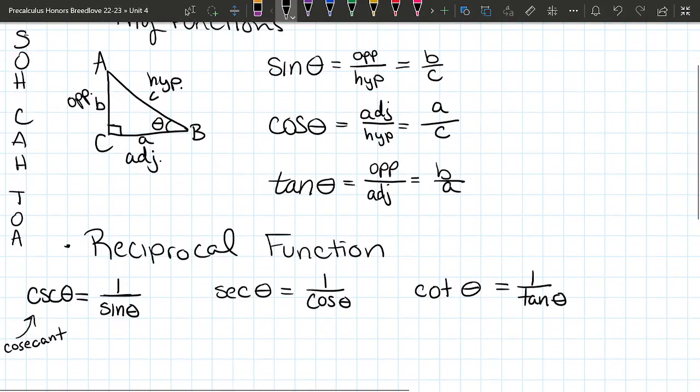So I'm going to bring it up here and write the reciprocals over here so it's all together in one spot. So we have sine theta equals opposite over hypotenuse, which is b over c, but it's also equal to 1 over cosecant theta.